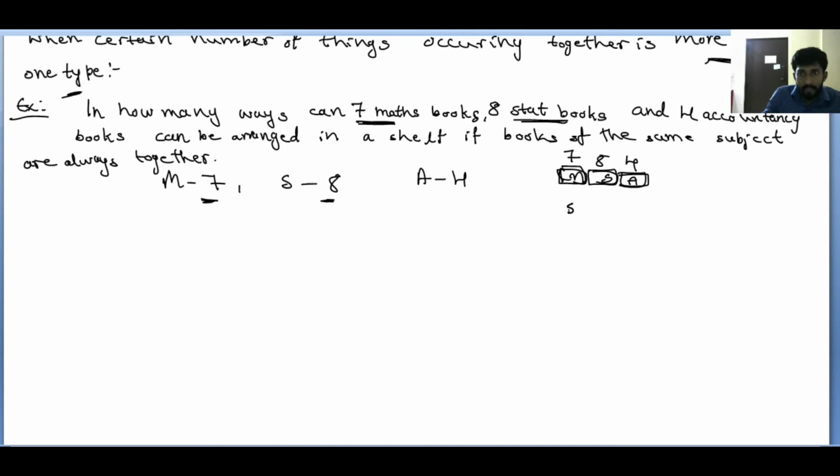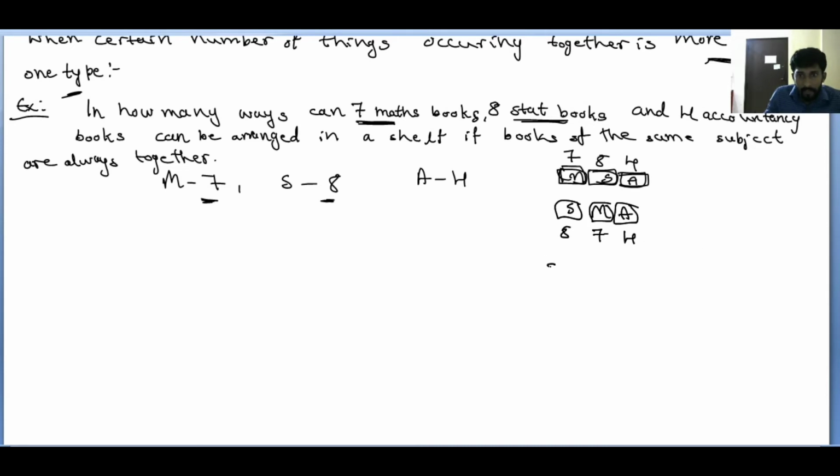Suppose I am doing the arrangement S, here M, here A. How many stat books are there? 8 stat books, 7 maths books, 4 accountancy books. You need to do stat books S1, S2, S3 up to S8, then M1, M2, M3 up to M7, then A1, A2, A3, A4. Like that you have to do the arrangement.